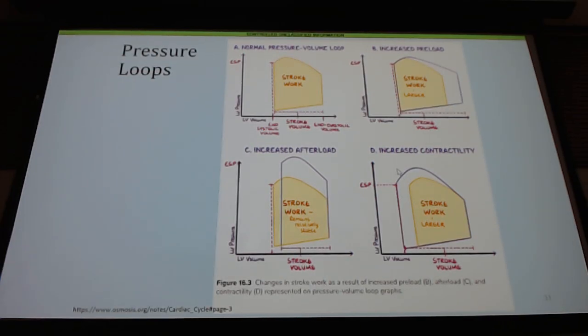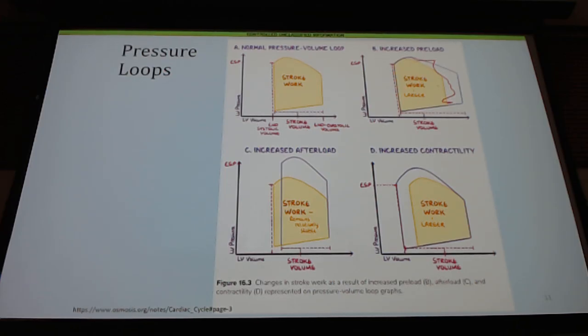But if I manipulate any of the three factors that go into stroke volume, you can see we can have a pretty profound impact on those variables. So if I increase my preload, I'm going to be able to add all this additional work, all this additional effort to it. The inverse is true as well.